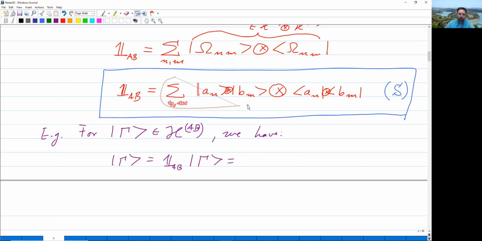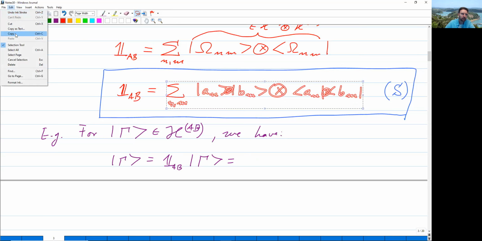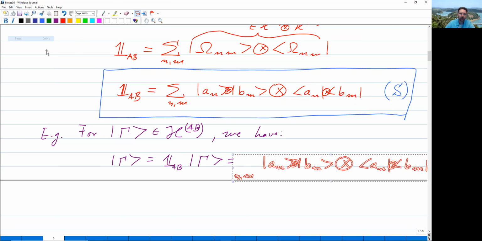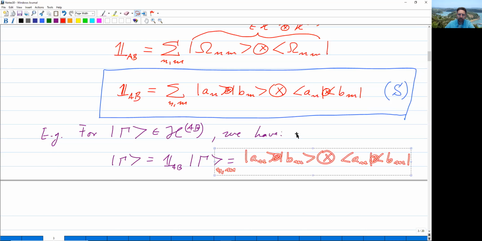So we can just copy this and paste. So, sum over n and m, and then here we apply this resolution of the identity to the state gamma.